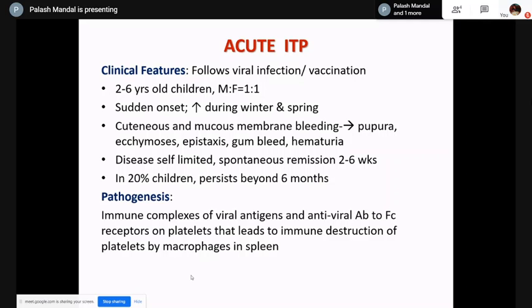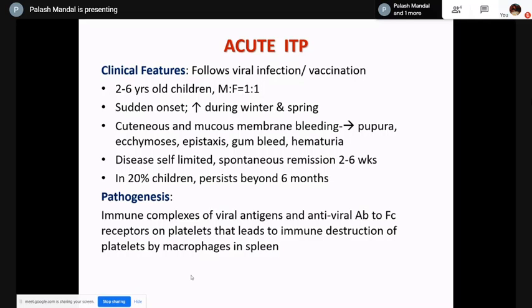Whenever we discuss immunology, in fact after hemodynamic disorders we will discuss immunology, at that time we will discuss this. There are 4 types of hypersensitivity reaction: type 1, type 2, type 3 and type 4. This immune destruction comes under type 2.